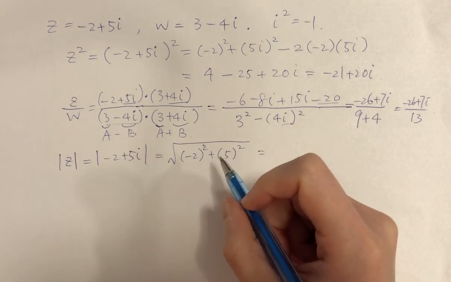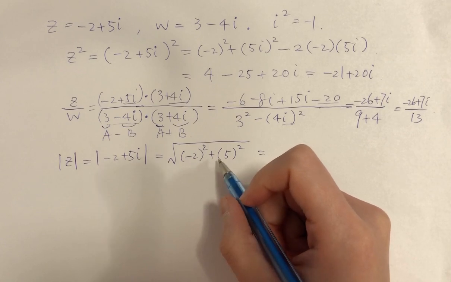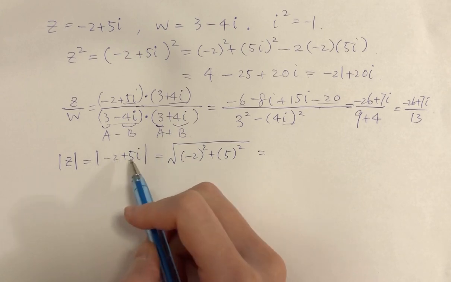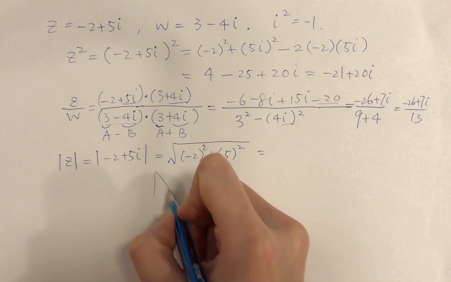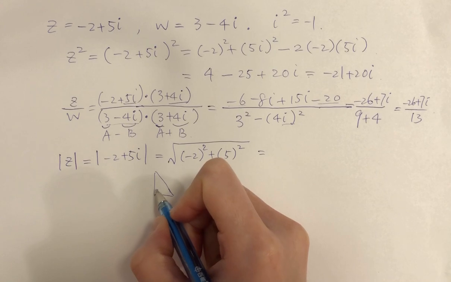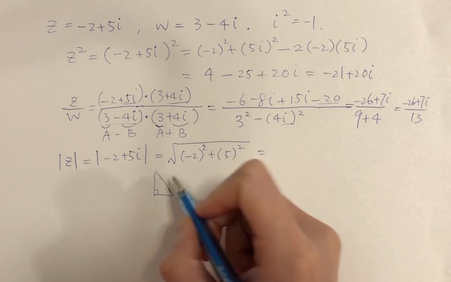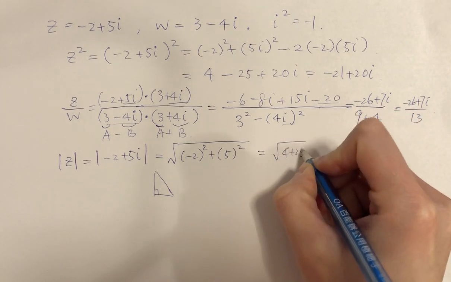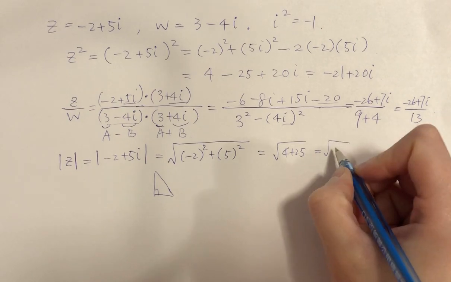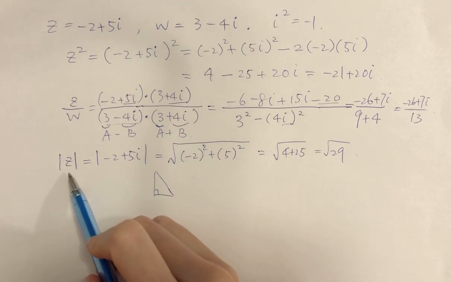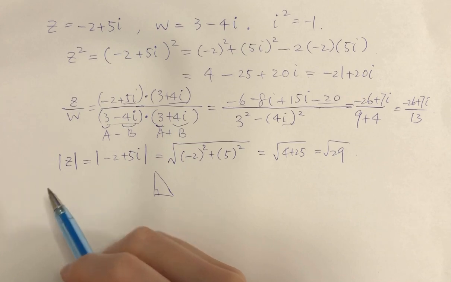Geometrically, if you think of the 2 and 5 as the lengths of the sides of a right triangle, then this modulus is just the length of this side. So that's the square root of 4 plus 25, which is the square root of 29. So that's called the modulus of a complex number.